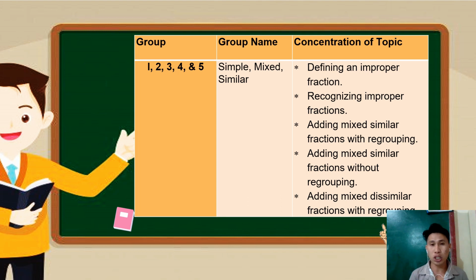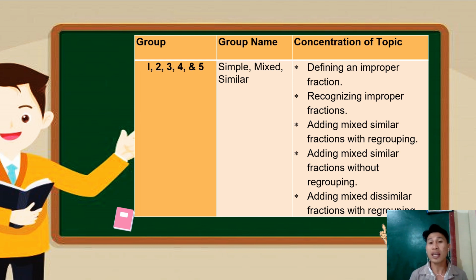Now, the jigsaw was created into 5 groups: Group 1, Group 2, Group 3, Group 4, and Group 5. This time, the groups will have names: simple, mixed, and similar. For example, Group 1 comprises 5 learners, and the 5 learners belong to 5 shapes.